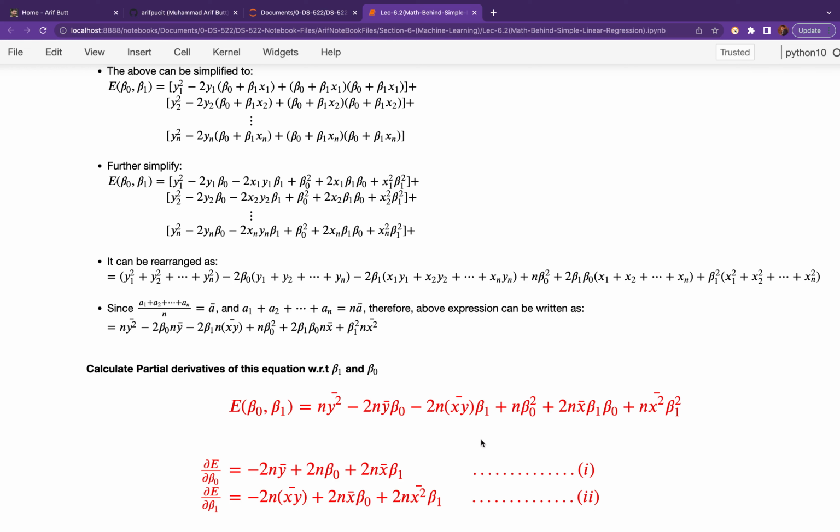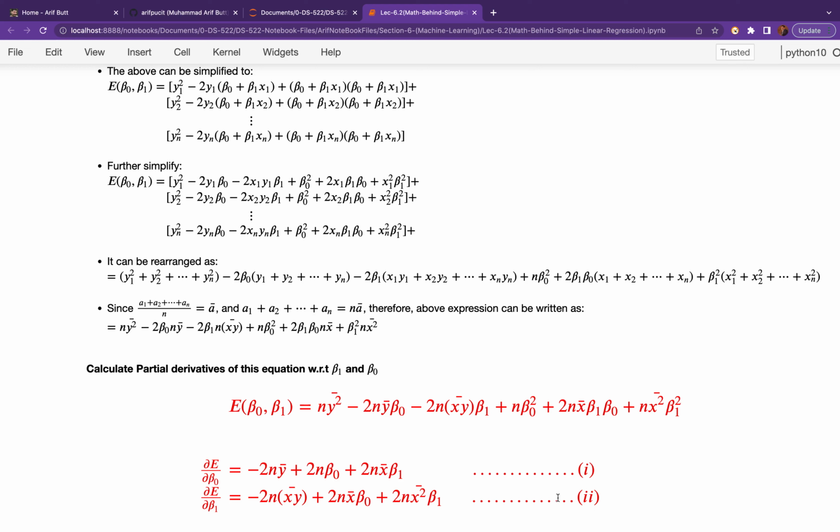We multiply the power of beta naught with the term and subtract 1 from the power. And finally, we get this equation 1. I hope this makes sense. And similarly, when we partially differentiate the error function with respect to beta 1, we get this equation 2. Great job done.